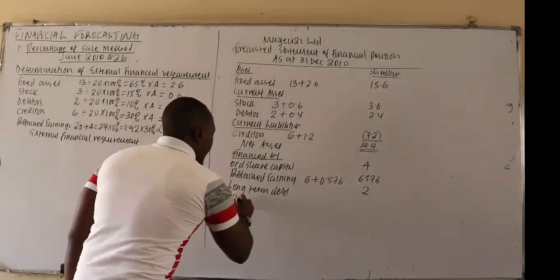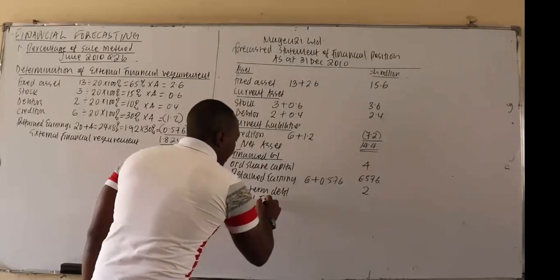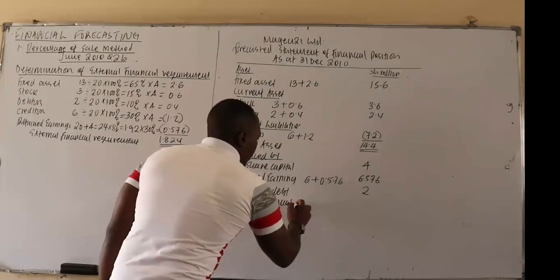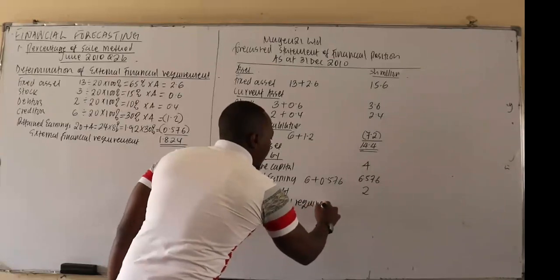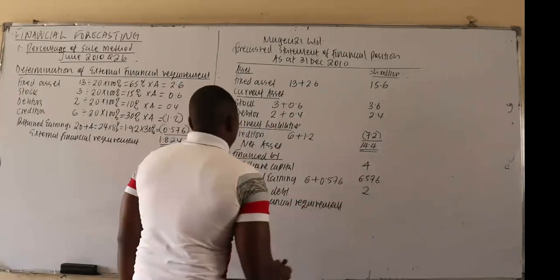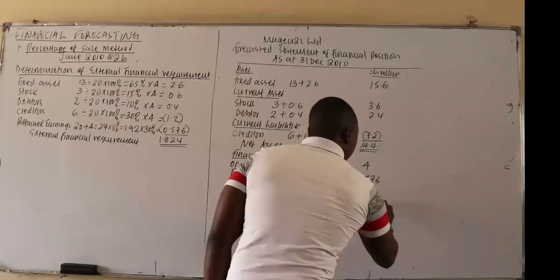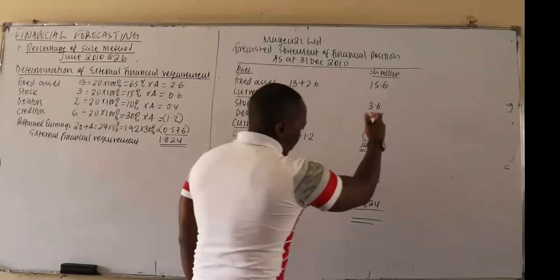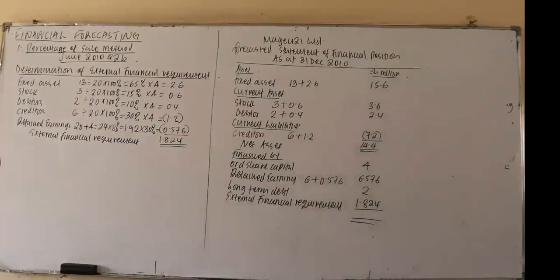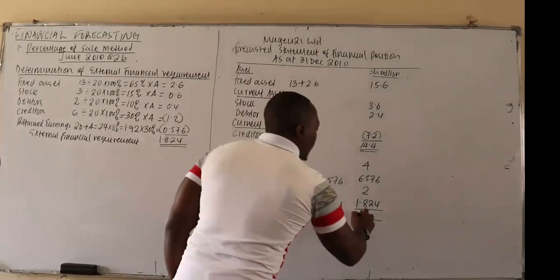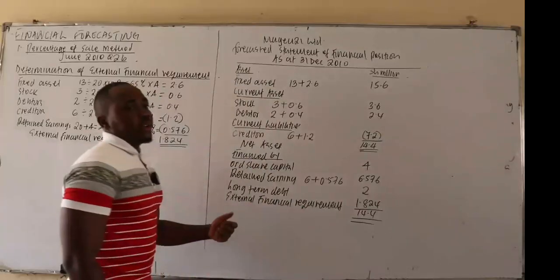So we'll have external financial requirement, which is an amount of 1.824. Now give me the total capital. 40.4. Good.